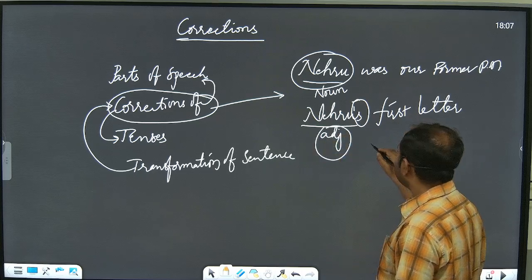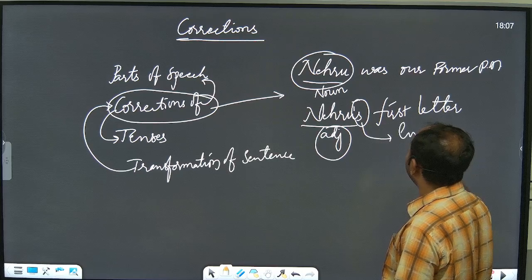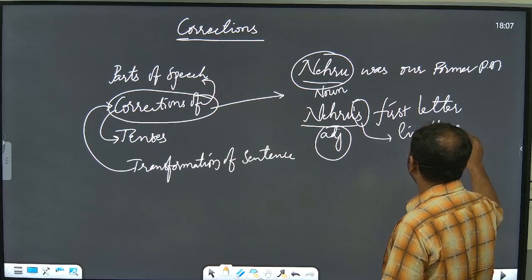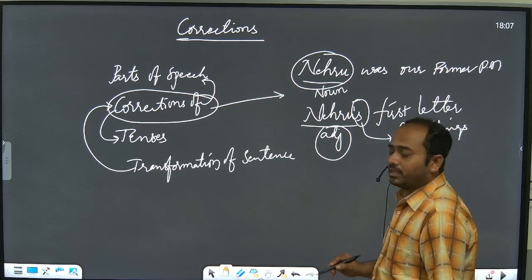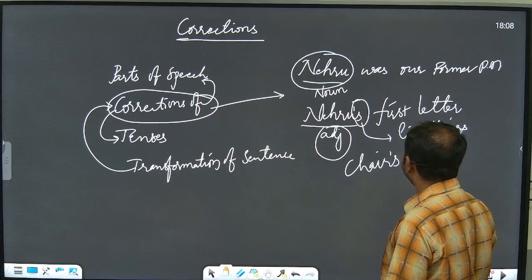But the apostrophe S is used only for living things. Suppose I use chair's leg.